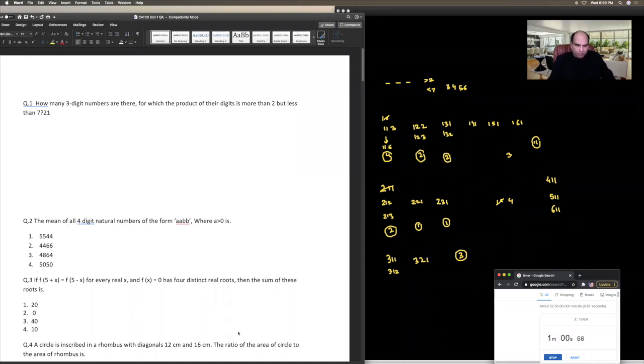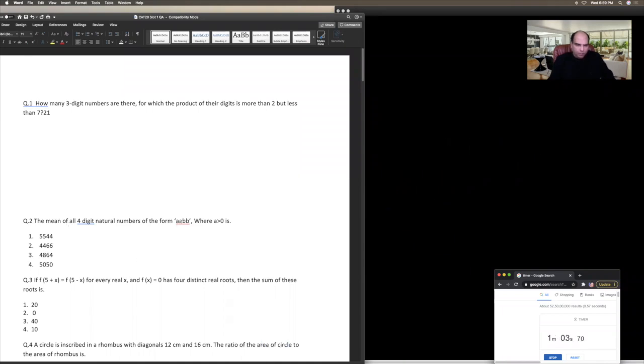Next: the mean of all 4-digit natural numbers of the form A, B, B, where A is greater than 0. All 4-digit natural numbers. So A can be 1, 1, 2, 2, 3, 3, 4, 4, 5, 5, 6, 6, 7, 7, 8, 8, and 9, 9.